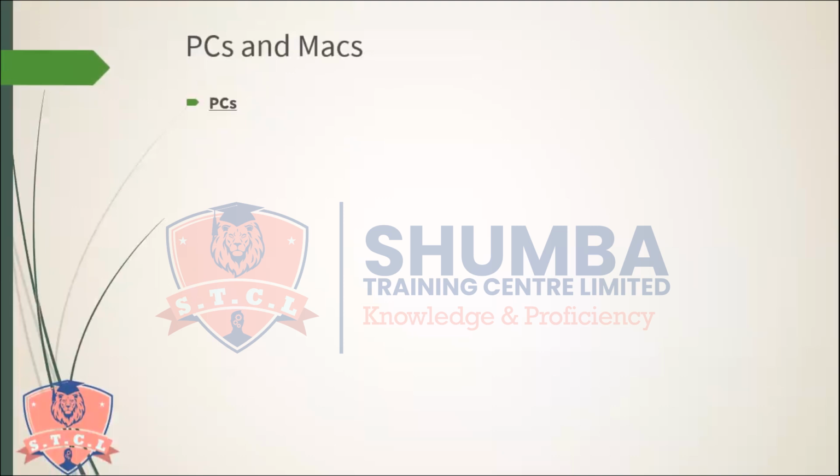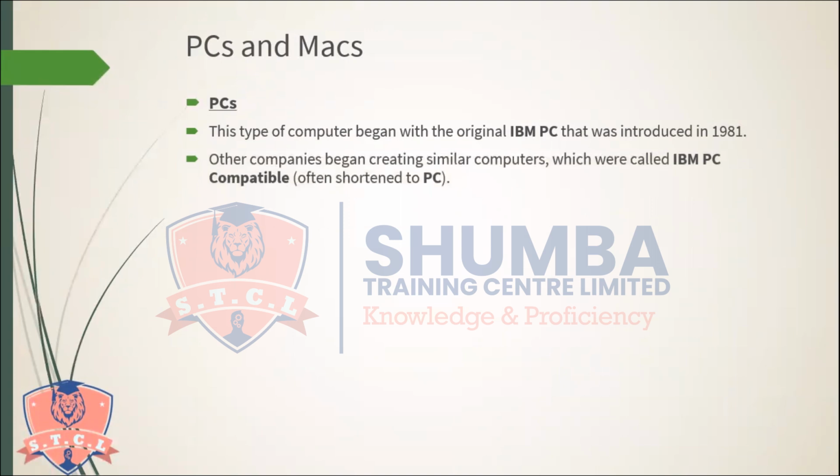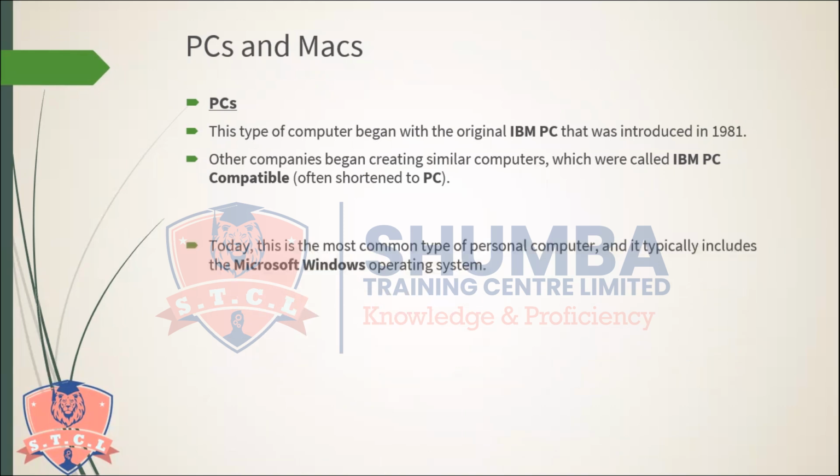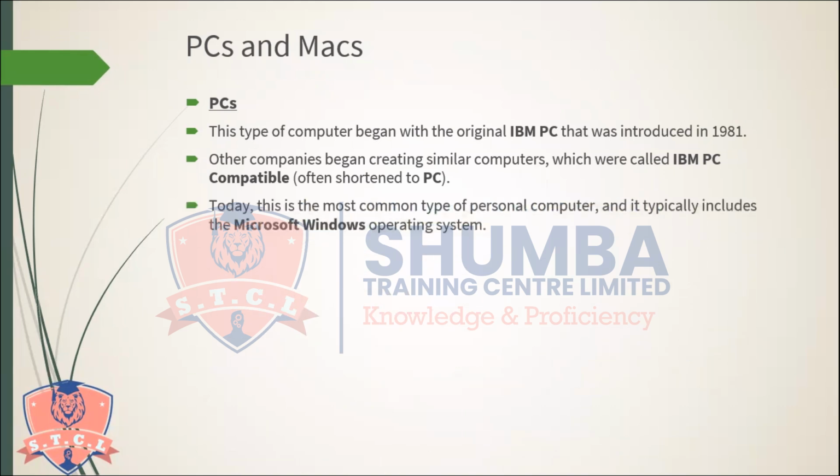Let's pick PCs. This type of computer began with the original IBM PC that was introduced in 1981. Other companies began creating similar computers, which were called IBM PC compatible, or often shortened as PC. Generally, today, this is the most common type of personal computer, and it typically includes the Microsoft Windows operating system.